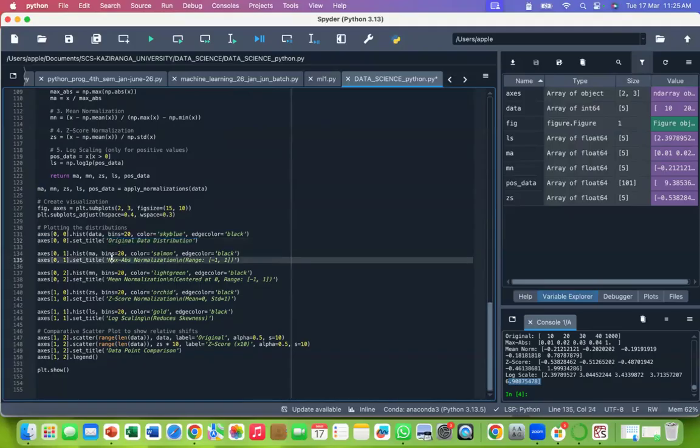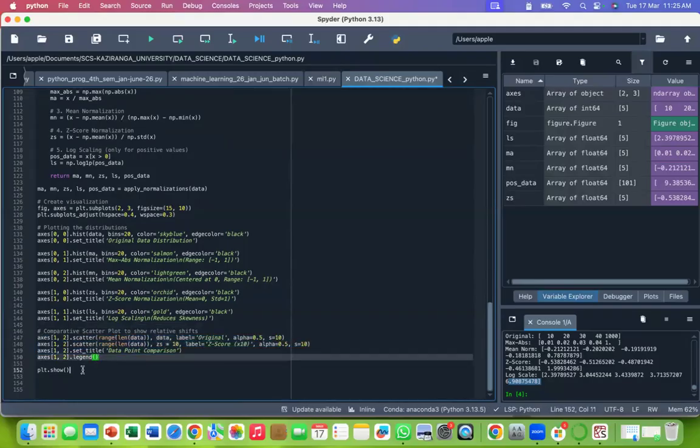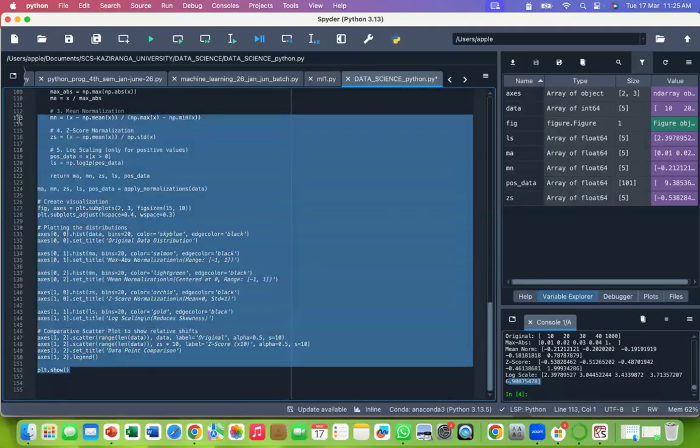Then similarly we define different colors and edge colors for max abs normalization, mean normalization, z-score normalization, and log scaling, and ultimately we compare them with a comparative scatter plot to show the relative shapes. Okay, so we are showing that.